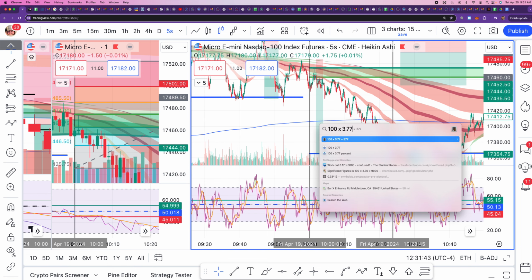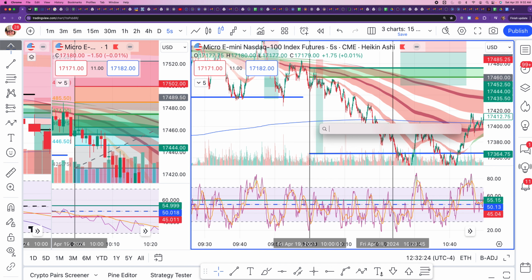I can't do math here. Oh, because that's a dollar sign, probably why. There we go. Usually it does the math, but I'll just do the math on my calculator. That would be $6,786 for that trade. $6,786.